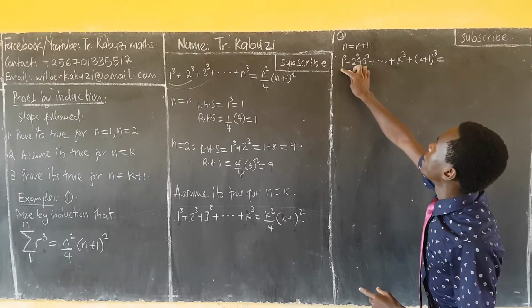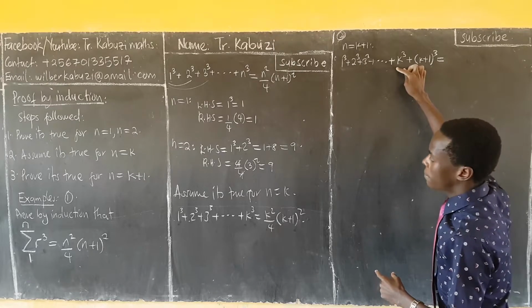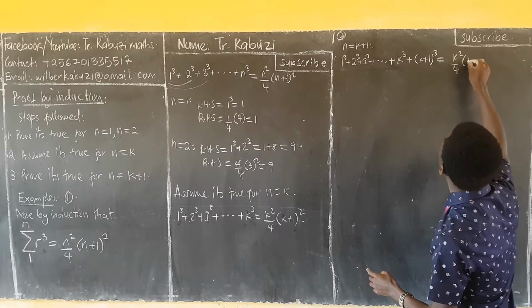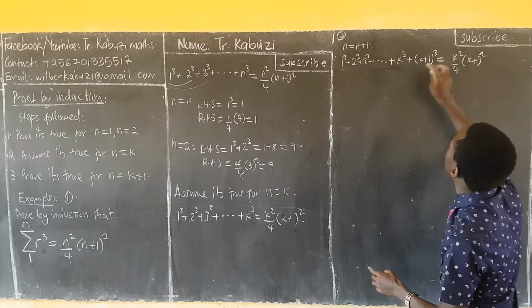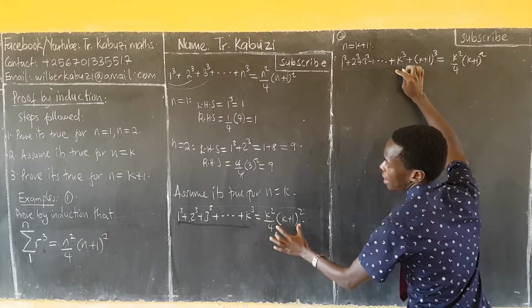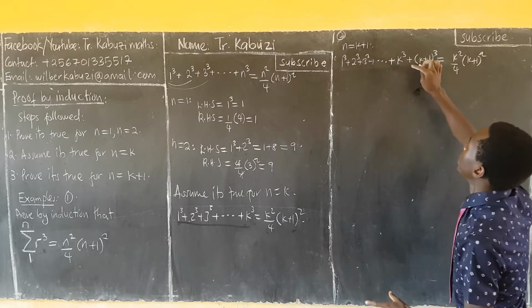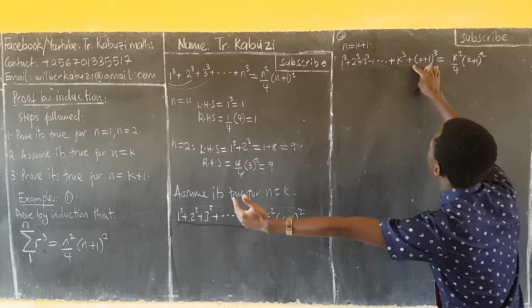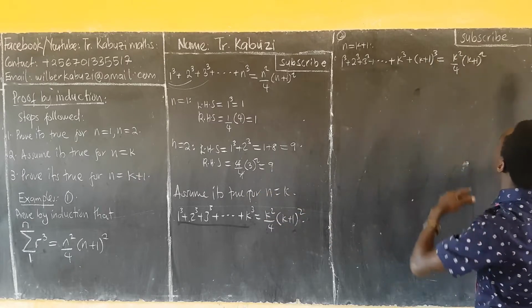Equaling to, we said from here up to here, our sum was k squared over 4 into k plus 1 squared. The whole of this is this, but I'm adding this. So if I add it on the left, it means that I also add it on the right.